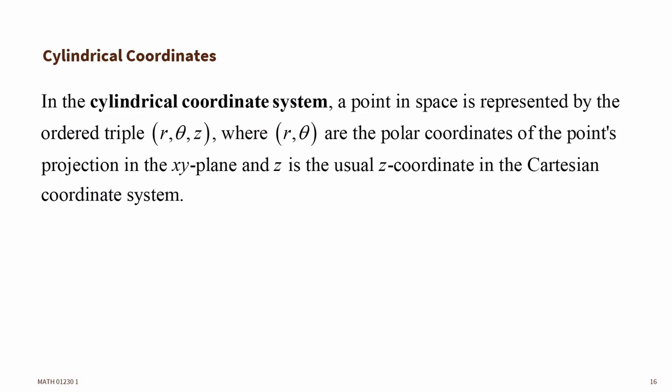Just look at that projection. What does r represent? Radius. What do you mean by radius? The distance from the origin to the point. What's theta? The direction of the origin to the point.